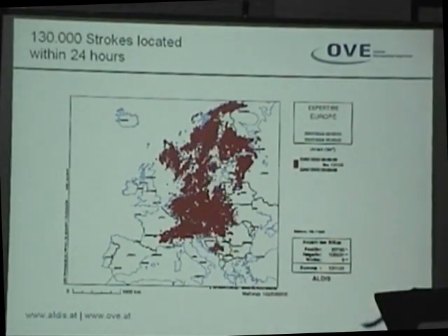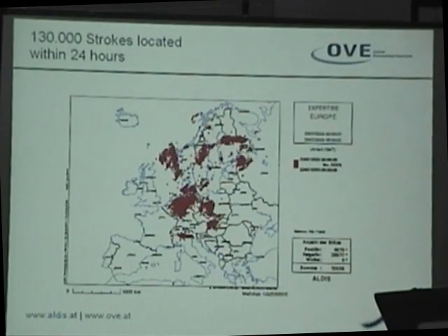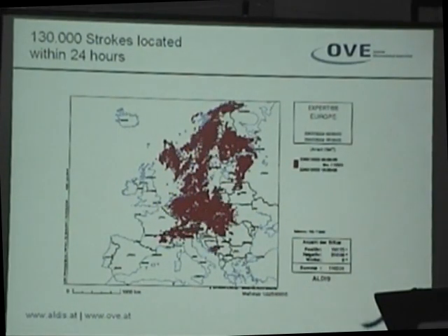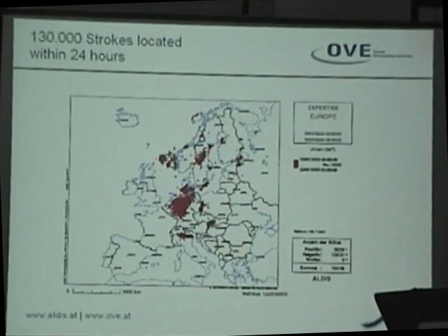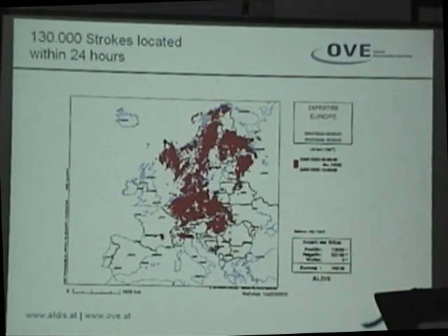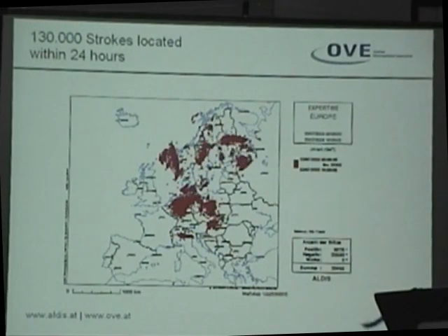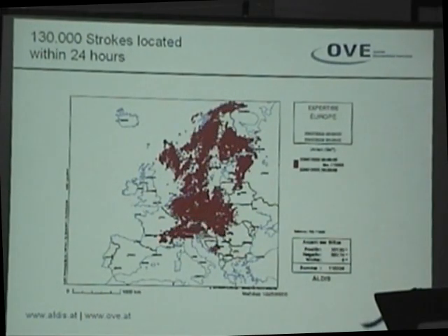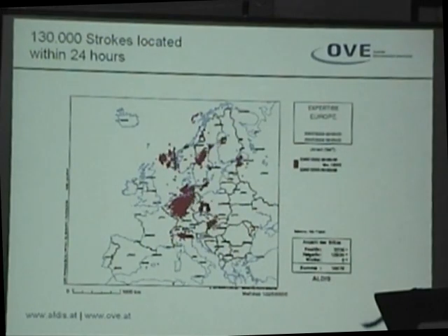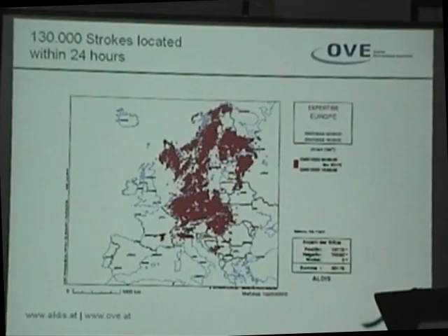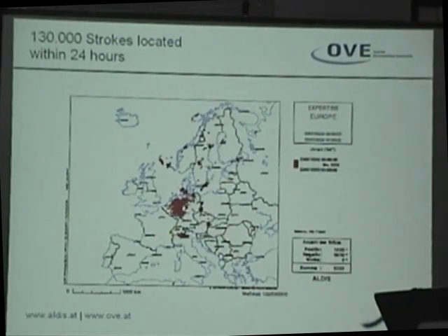I compared once with Florida with the same grid size, and they determined about 9 flashes per square kilometer there, and in Slovenia in this region we have about 6 flashes per square kilometer. So it's about 1/3 lower than in Florida.